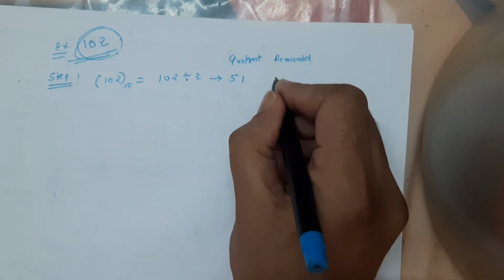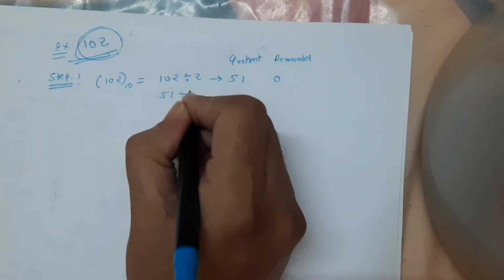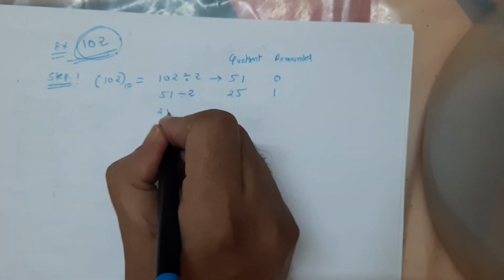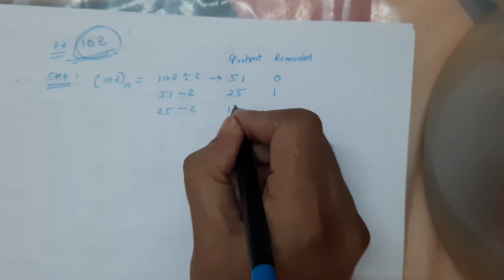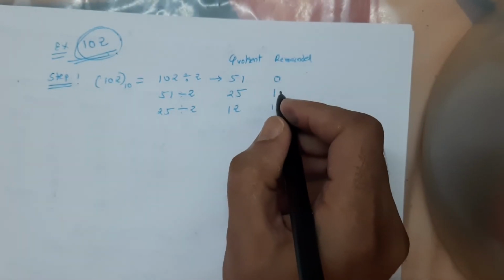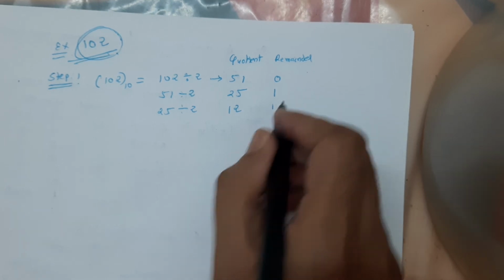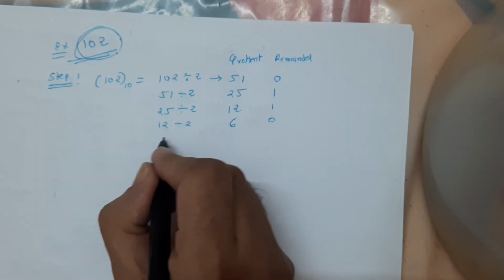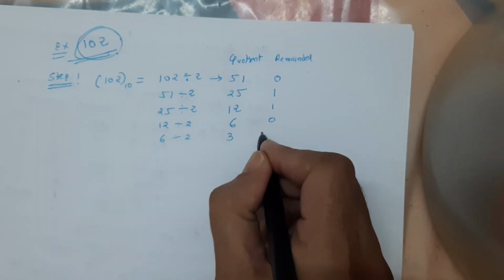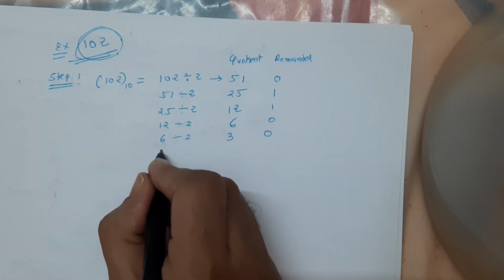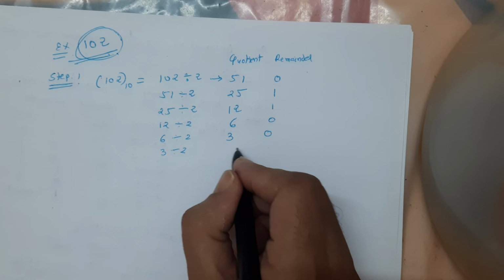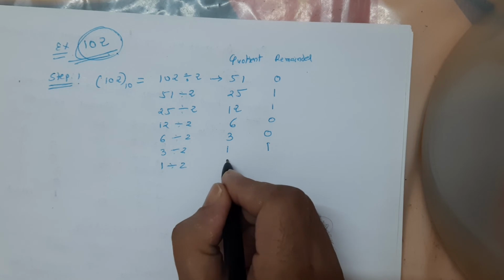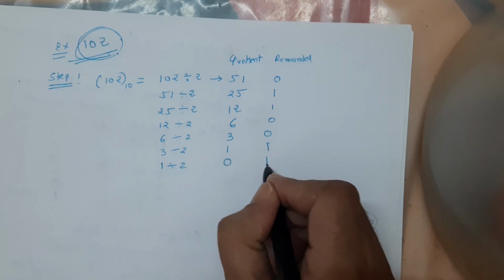The remainder is 0. 51 divided by 2 is 25, remainder 1. 25 divided by 2 is 12, remainder 1. 12 divided by 2 is 6, remainder 0. 6 divided by 2 is 3, remainder 0. 3 divided by 2 is 1, remainder 1. 1 divided by 2 is 0, remainder 1.